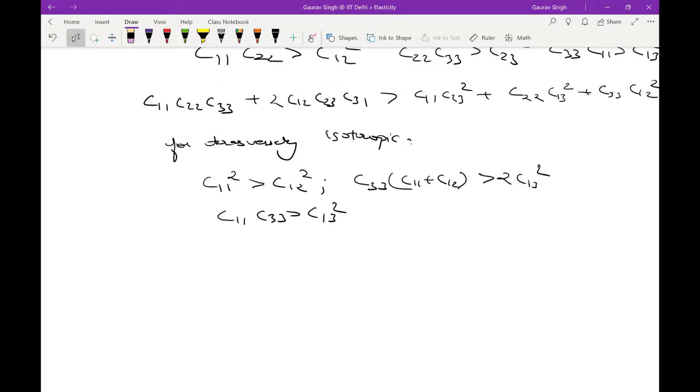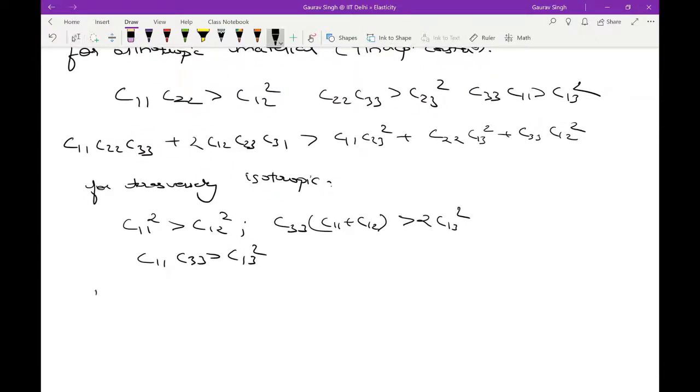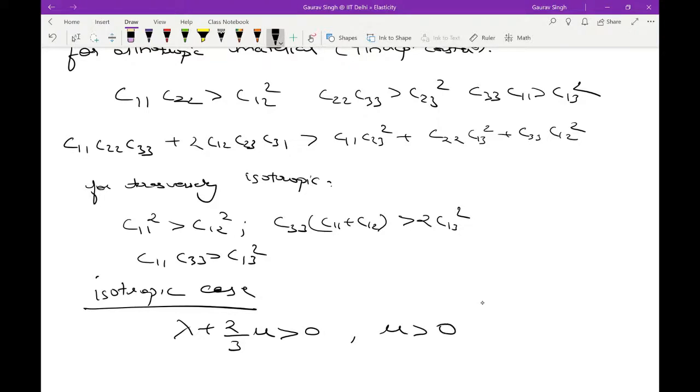Okay, and just for the isotropic case also, this would give you lambda plus 2 by 3 mu is greater than 0 and mu is greater than 0. So this is something which you have derived before. And why are you not getting any new result?